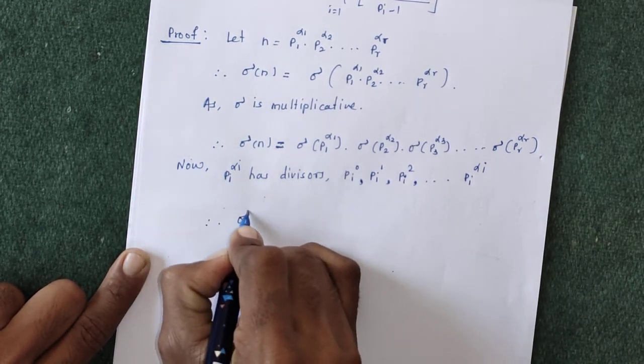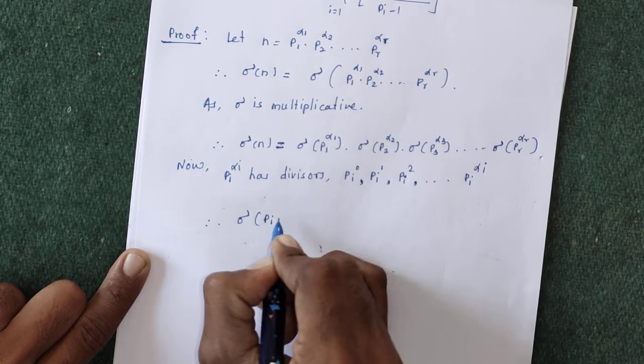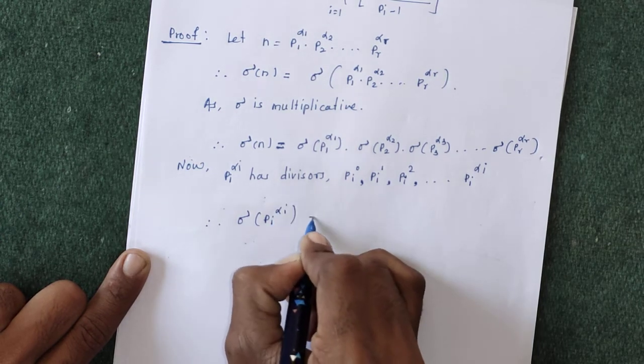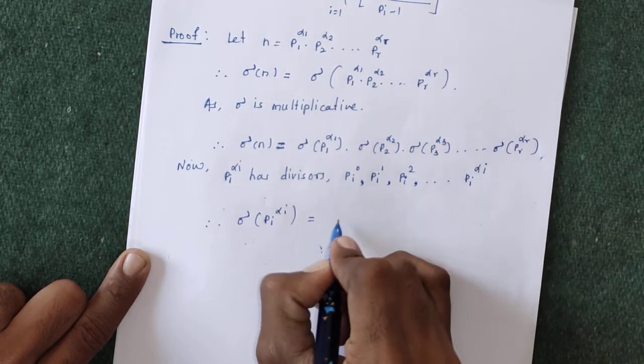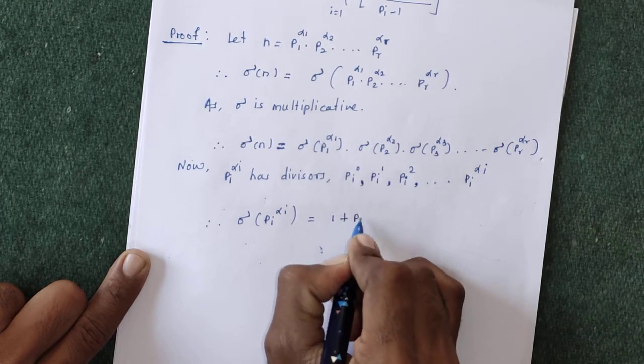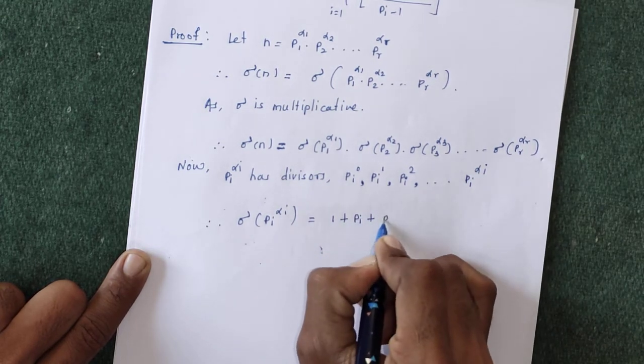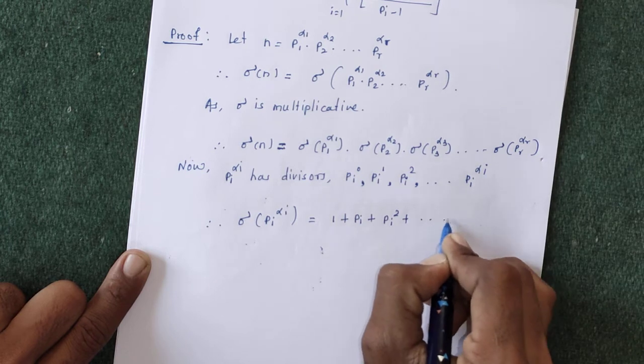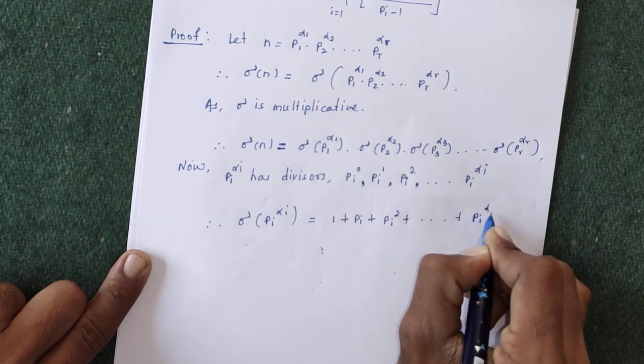Therefore, sigma of pi raised to alpha i can be written as the summation of all these divisors, that is 1 plus pi raised to 1, that is pi, plus pi square plus up to pi raised to alpha i.